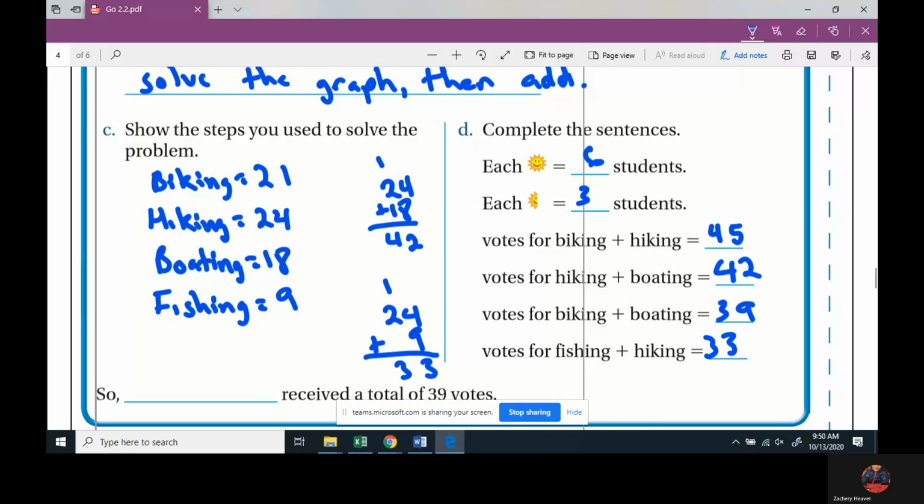So Adeline, which one of these got 39 votes? Right. Biking and boating. Make sure you guys copy that down.